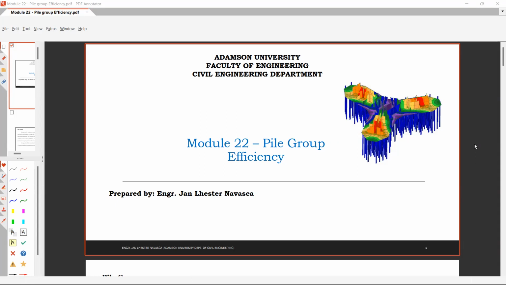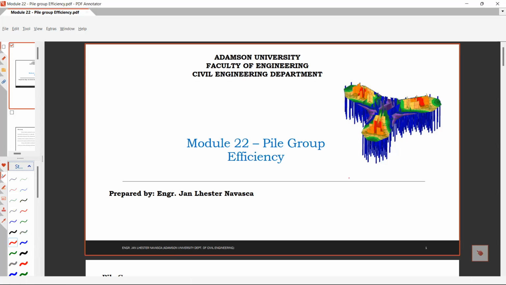Okay, so we have piles in sand and piles in clay, and also we determined how to solve the capacity based on pile testing. Okay, the static and dynamic pile load testing. Okay, so what will happen if the piles are in a group?